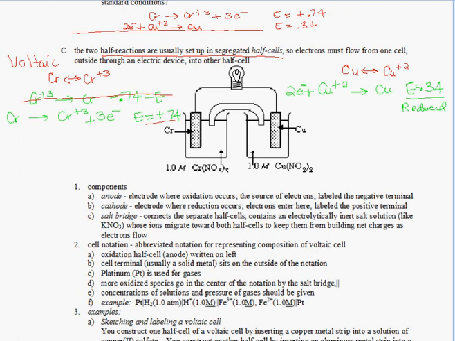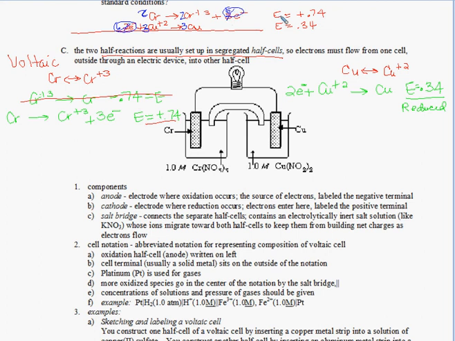And so we're going to multiply each reaction by the lowest common number. That means that chromium is going to get a 2, 2 for 6. And copper, we're going to multiply by a 3 for a 6. And now we see our electrons will cancel.